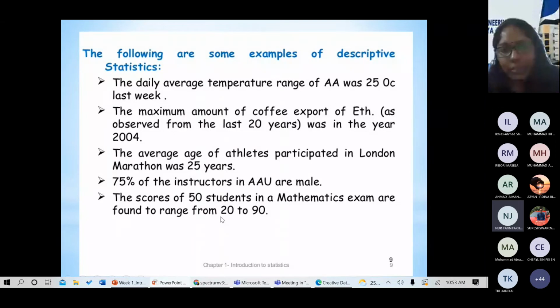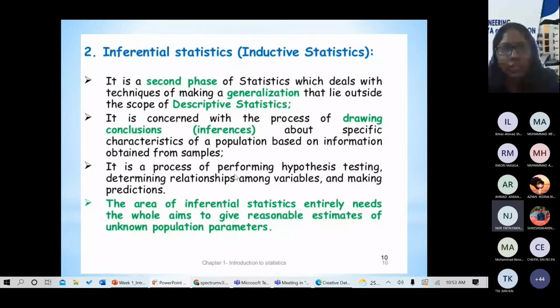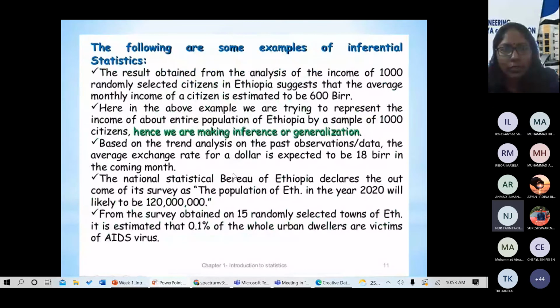It is talking about everyone also. Okay, and they were not making any other claims. And here the inferential statistic's whole aim is to give a reasonable estimate of unknown population parameters. So this should draw a conclusion.